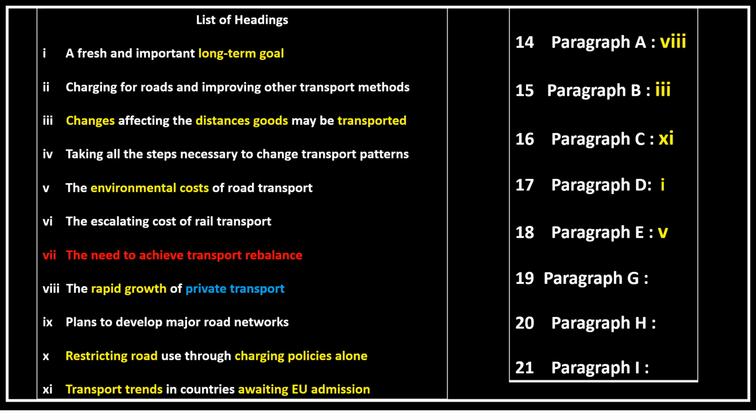Option 10 says restricting road use through charging policies alone. So, restricting road use and charging policies are the keywords which are present in the paragraph. Hence, for para G, the best option is the 10th option.